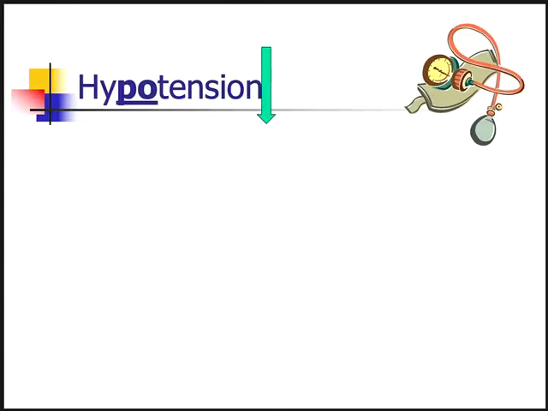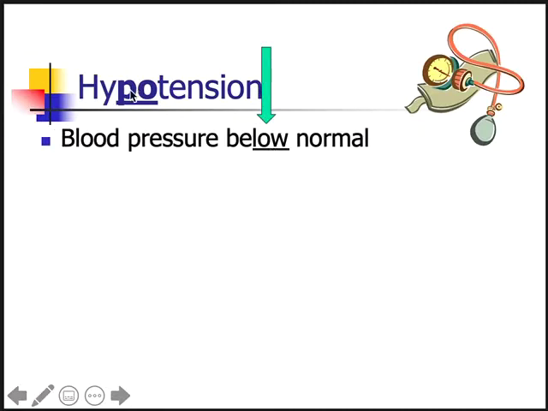So hypotension, I put an arrow here to help you remember and emphasized the HYPO. Hypo means too low, hypo, low. Okay, so you have below average blood pressure. It's lower than it should be.